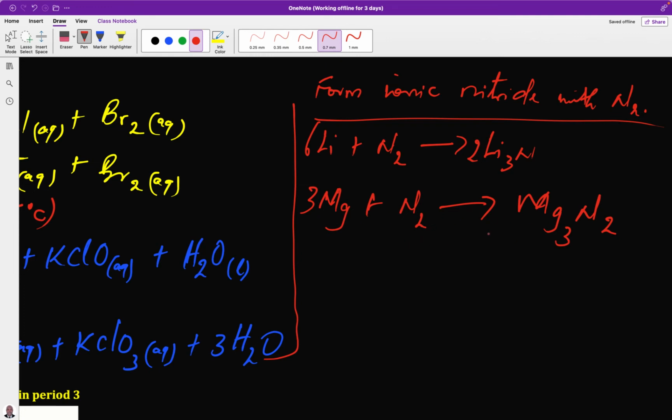Very good. So now both of them will form nitride when they react with nitrogen in the atmosphere. The result is a nitride that is formed.